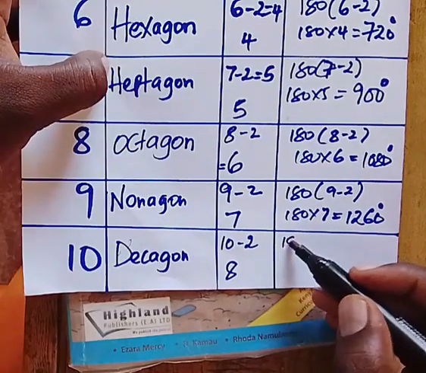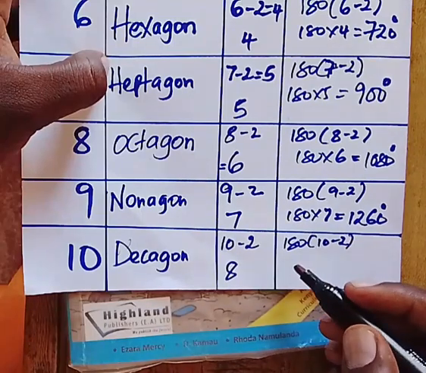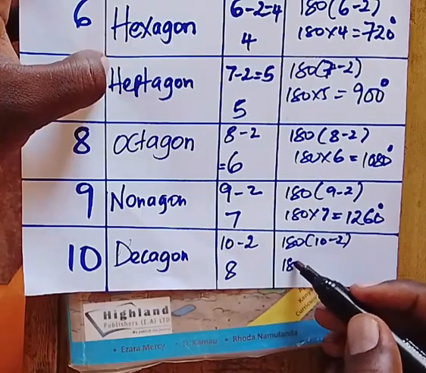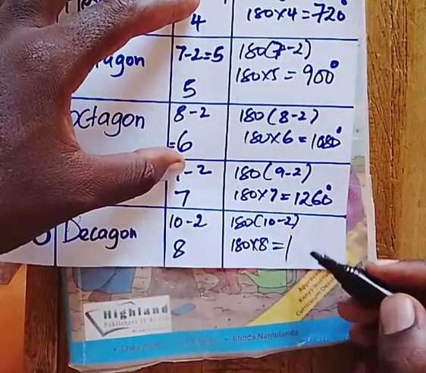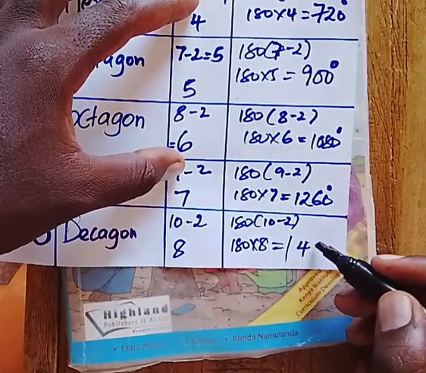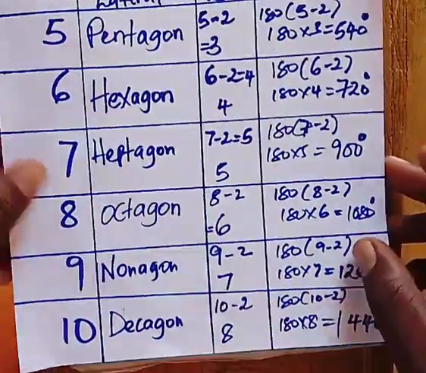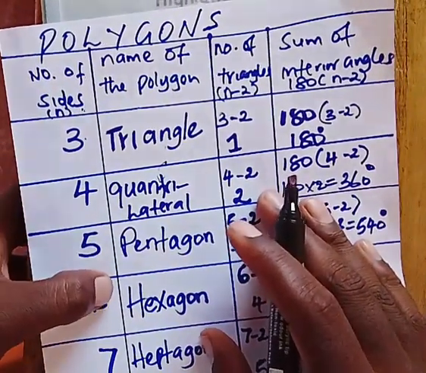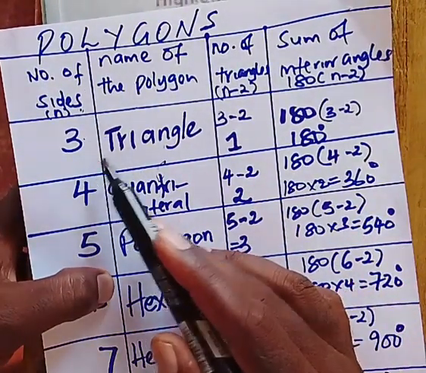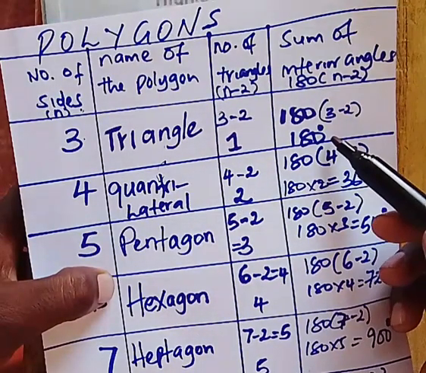Then you can say 180 into 10 minus 2, which is 180 times 8. You get 1440 degrees.